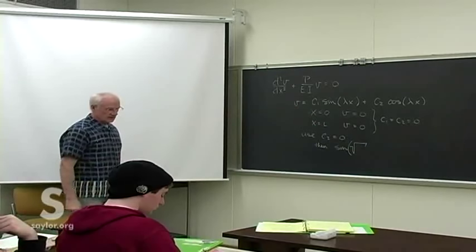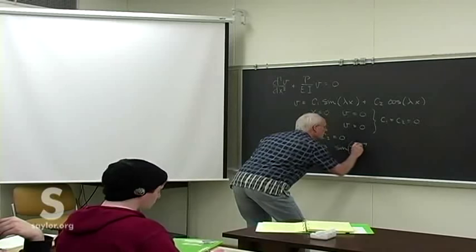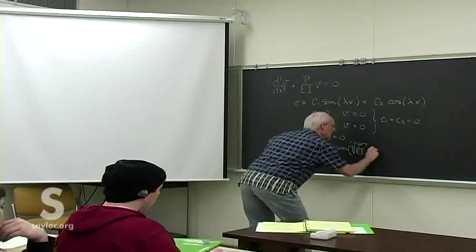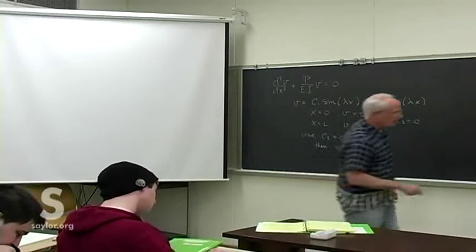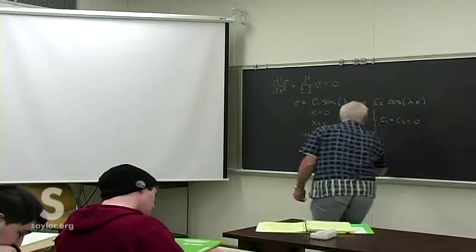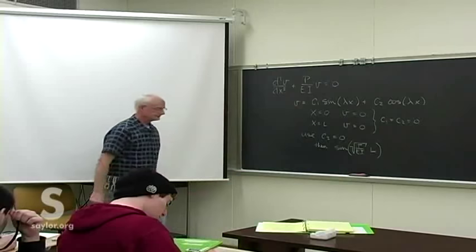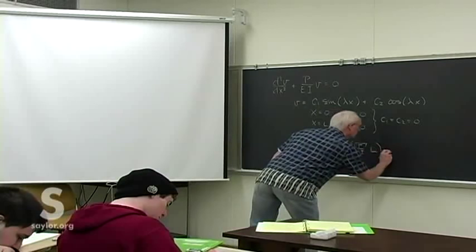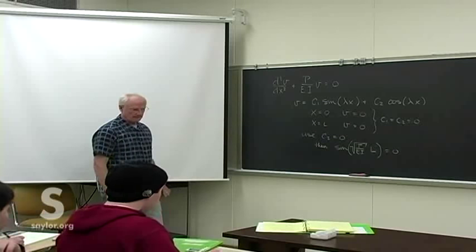So this will give us then the solution, sine of the square root of P over EI times L. We're actually using the lower limit. Then that equals 0 is now our solution.